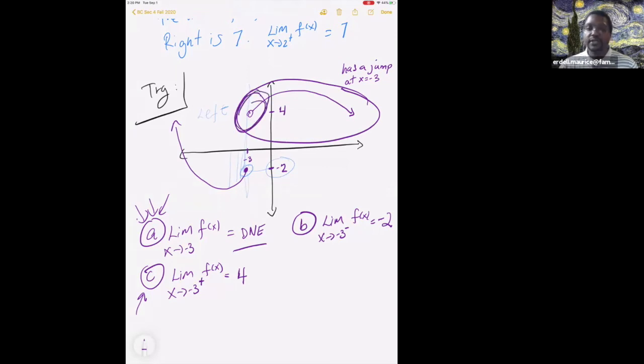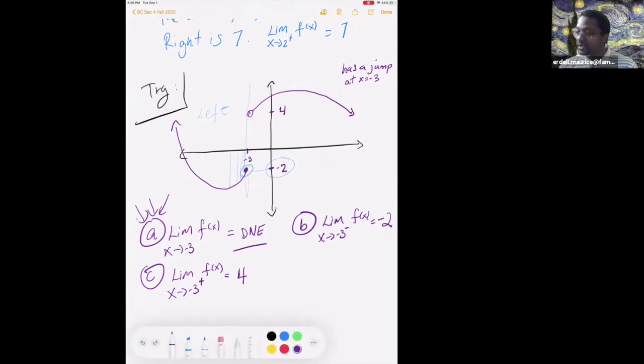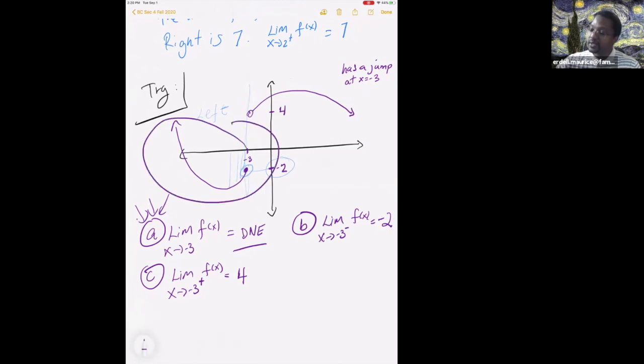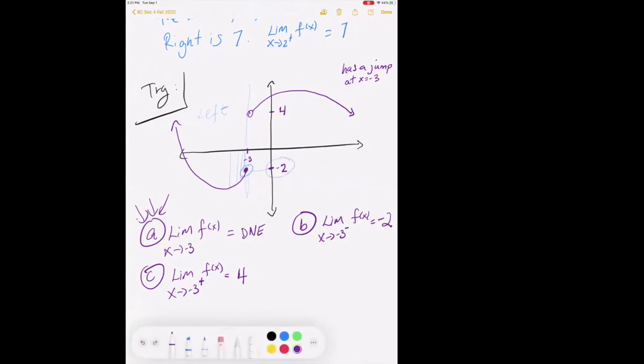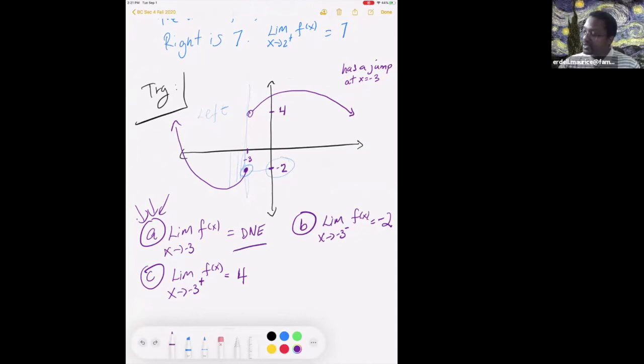What's the y coordinate at that point? 4. On the other hand, when I'm doing B, I am on the left, so I'm using this graph right here. And so at -3, the y coordinate is -2. You know which side of the graph you're using by looking at the sign you see right here.